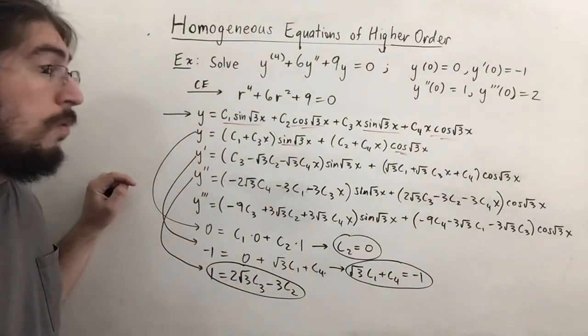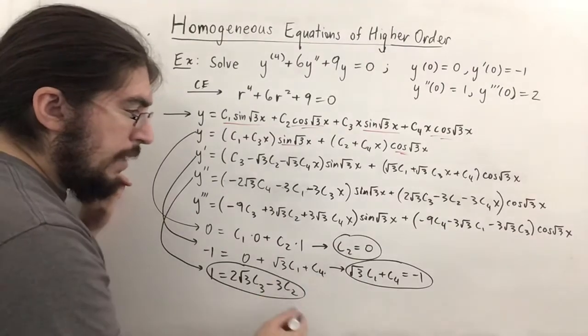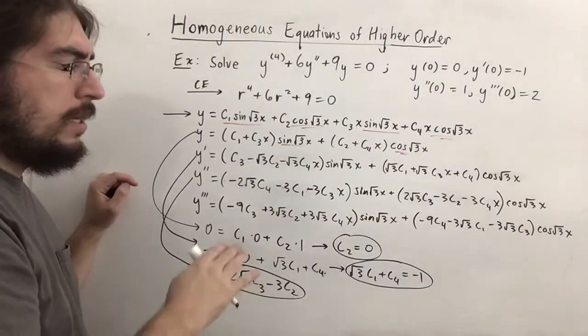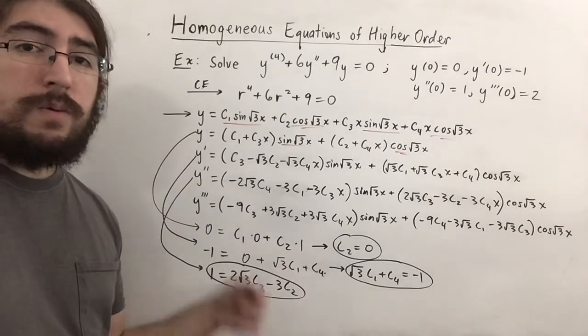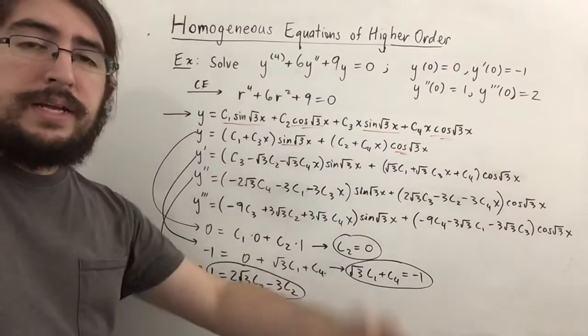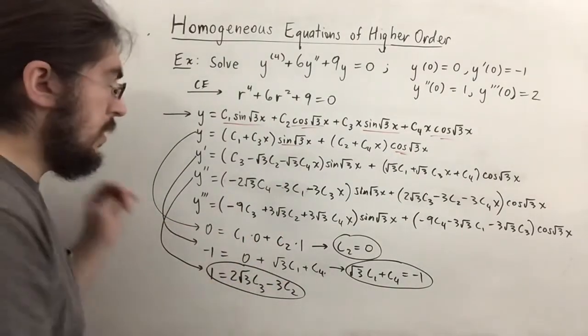What's really nice is we know c2 is 0. So keeping that in mind, we can do some solving. But I don't want to do solving here. What I want to do is just figure out what the equations are. We just need one more. Then I'm going to erase the board, write the equations up on top, and then continue to solve for the coefficients after the fact. So I'm just going to go step by step.